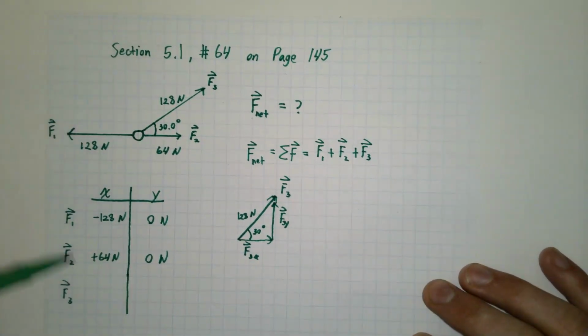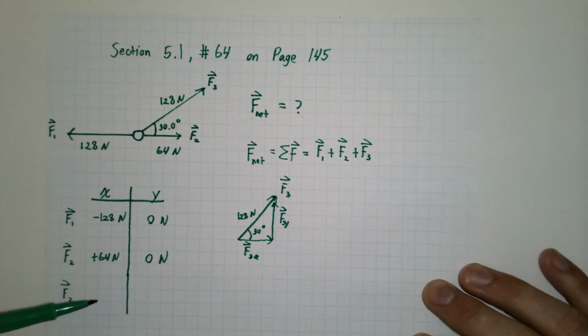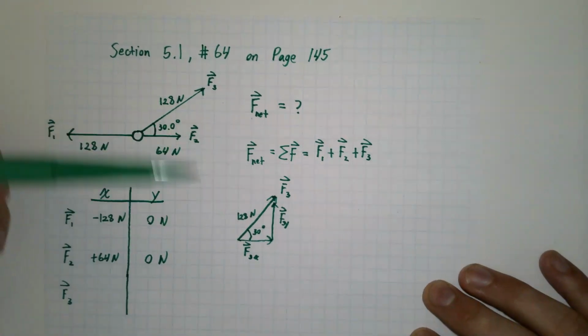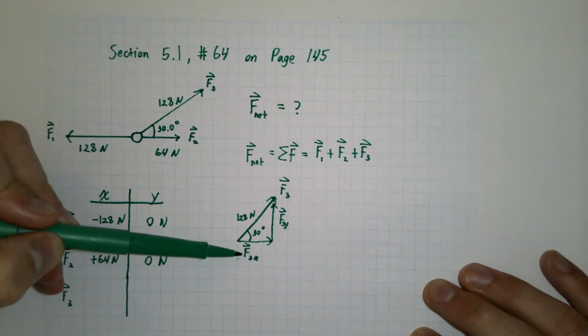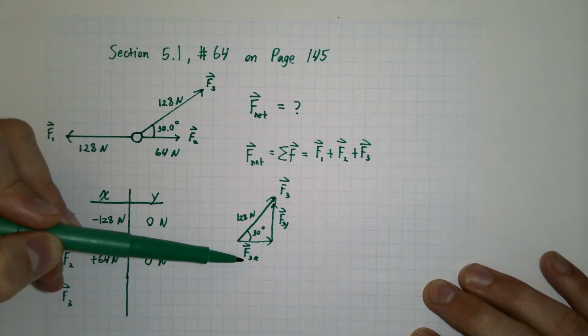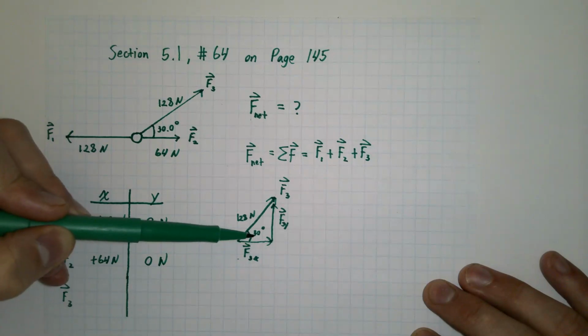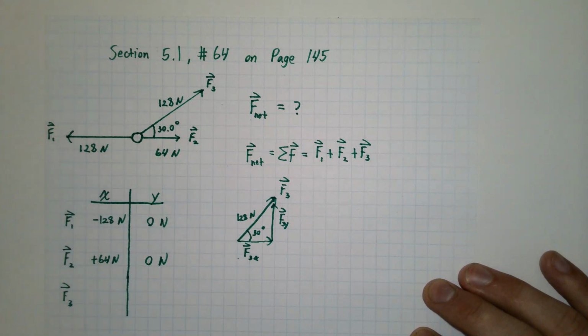To find first the x dimension, or the x component of force 3, we'll need to relate two of the things in this triangle that we know to that third thing we want to know. That third thing that we want to know right now is the x component of force 3. So we have the adjacent side to this angle and the hypotenuse. An adjacent and a hypotenuse side with an angle, that's cosine.